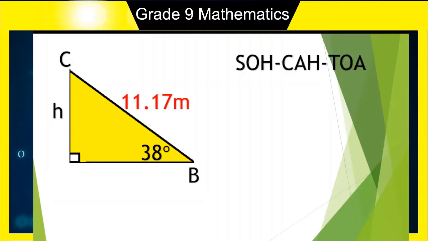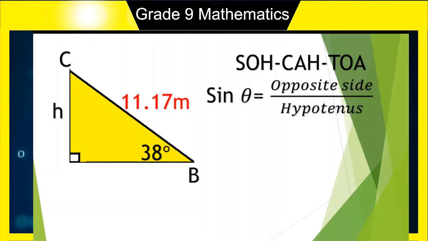So remember SOH CAH TOA, wherein we need to decide what formula we are going to use. From our reference angle, which is 38 degrees, we are looking for H, which is our opposite side, and 11.17 meters is our hypotenuse.